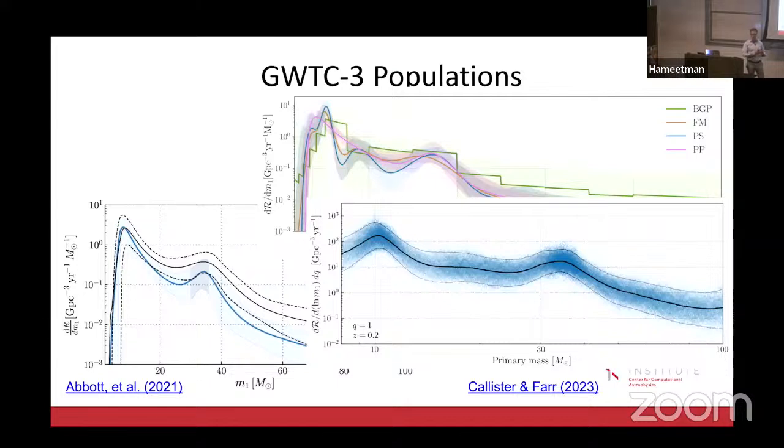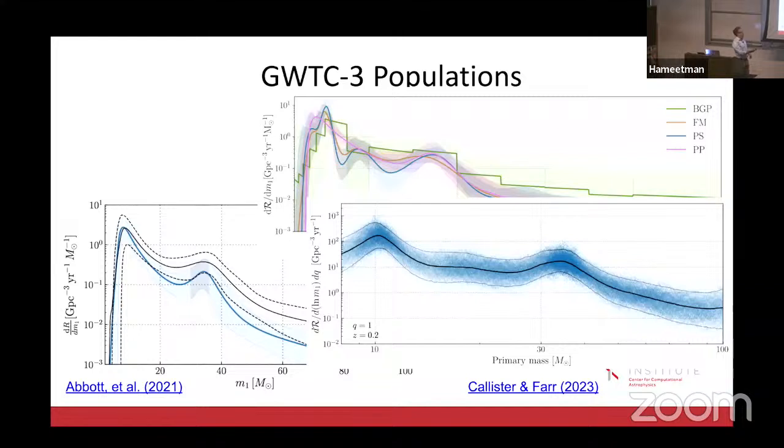If the types of mergers that occur are changing over cosmic history, and we know, for example, that the metallicity of stars that are forming is changing over cosmic history, that can certainly have an effect on the properties of binary evolution. If that's the case, how could we possibly know that this 35 solar mass bump stays at 35 solar masses in the rest frame and therefore is a good measure of redshifts?